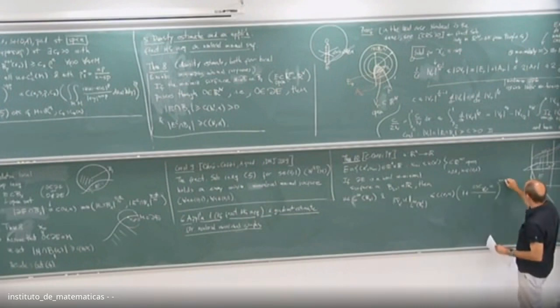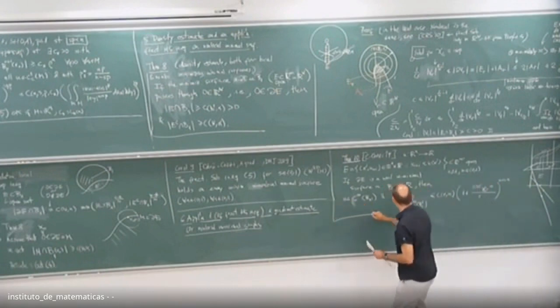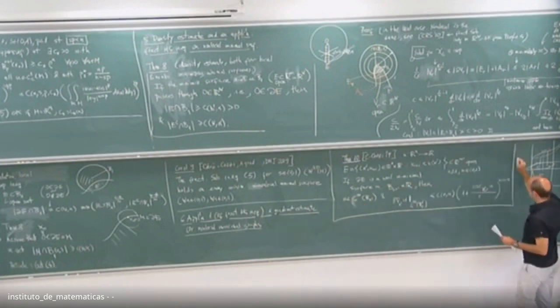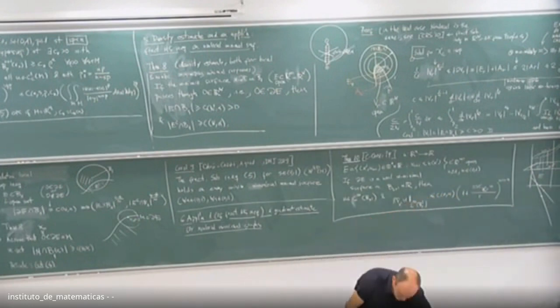And here you have an exponent n plus 1 plus alpha. This is the statement, okay?